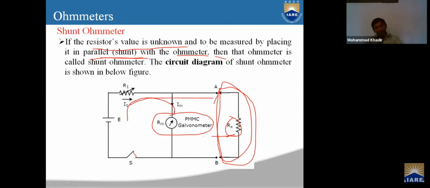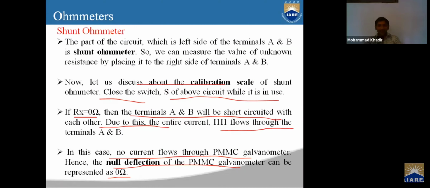So if current does not flow through the galvanometer, no deflection will take place. If no deflection takes place, then current is 0. So no deflection, no current flows through the PMMC, hence deflection will not take place. Then it is represented as 0 ohms.